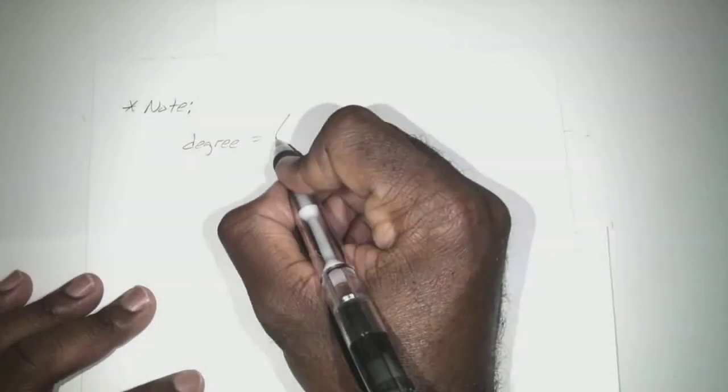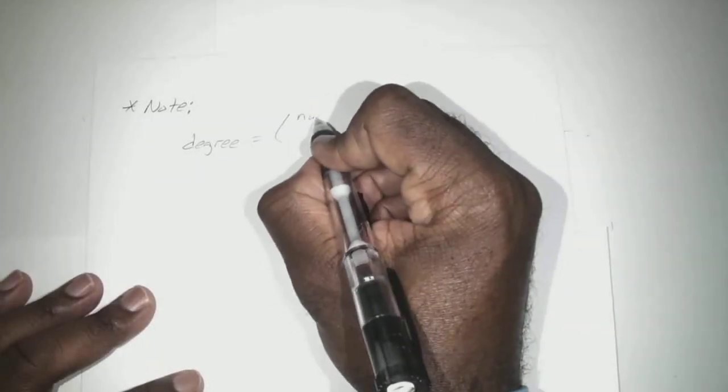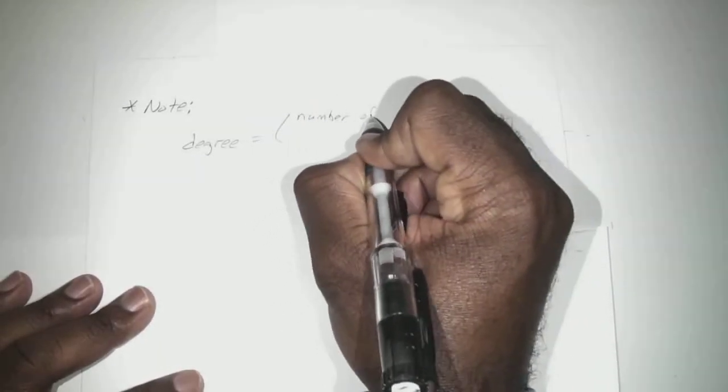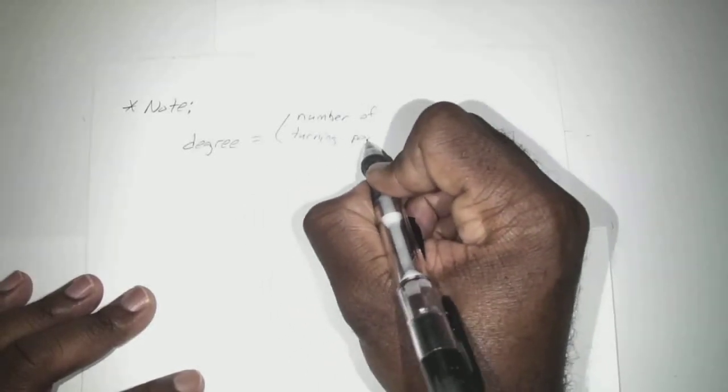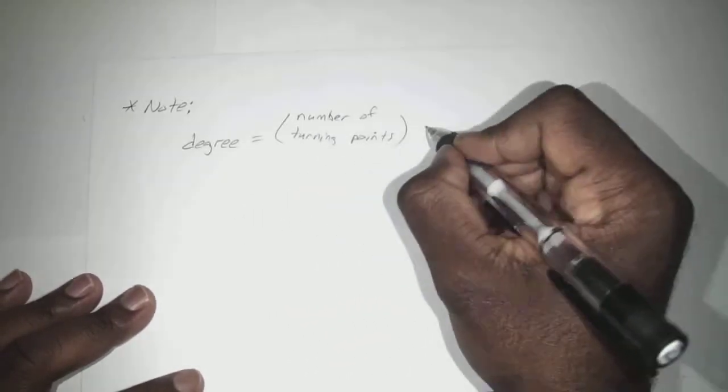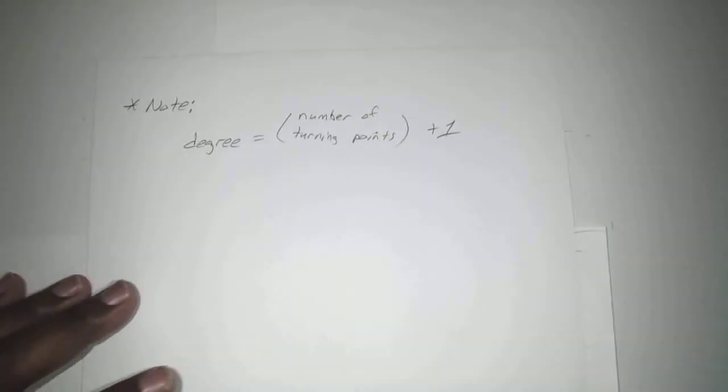Okay, so a quick note, you can actually find the degree of a polynomial by looking at the graph. So the degree is actually equal to the number of turning points plus 1.